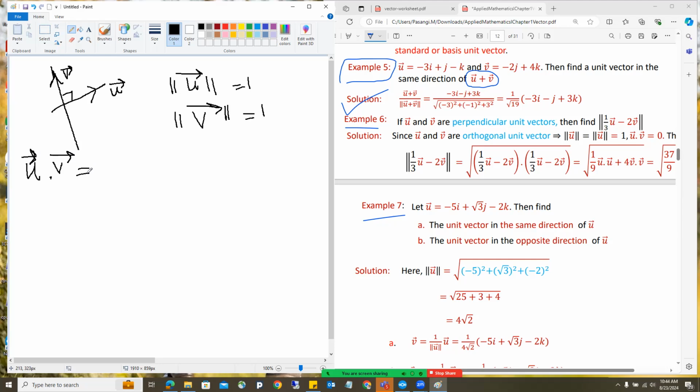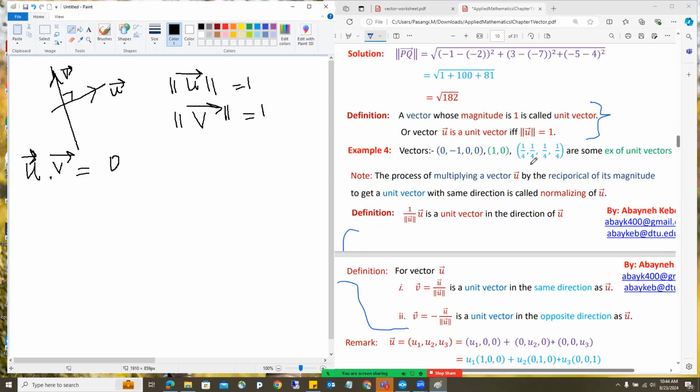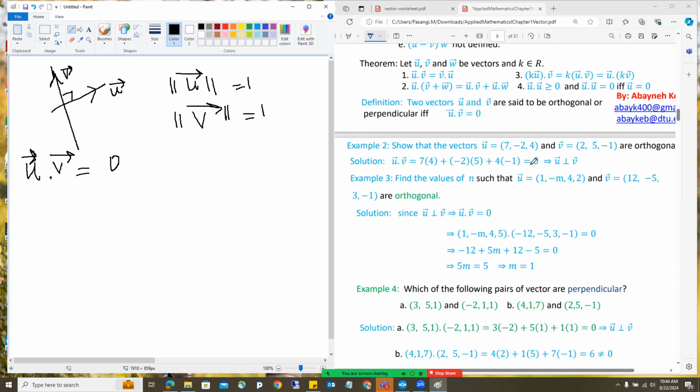If these two are perpendicular vectors, then the dot product will be 0. Can you remember when it comes to dot products?